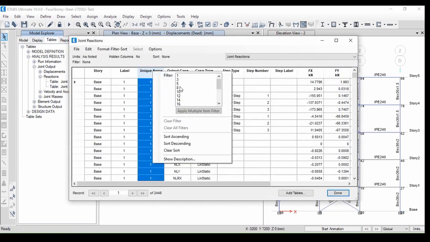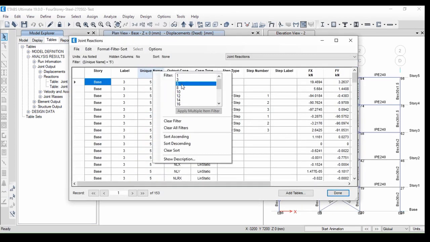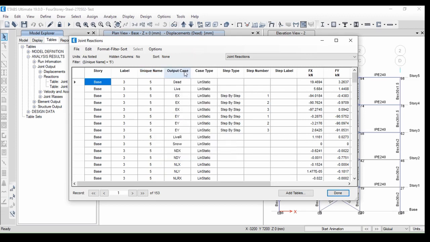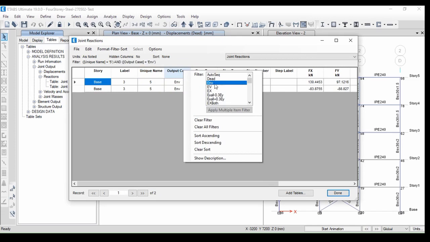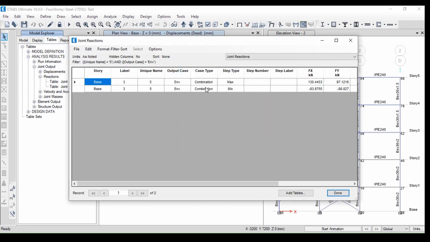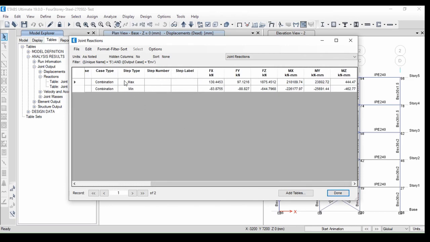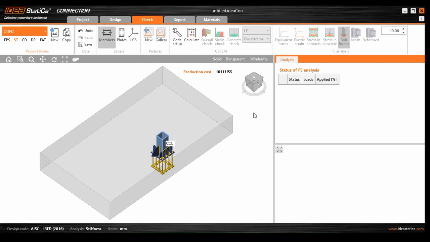In unique name, we have to choose 5. In output case, we choose envelope ENV as representative of envelope of all load combinations. Okay, as you see, we have 2 load combinations here, max and min, and you have to put both of them in IDEA Statica.